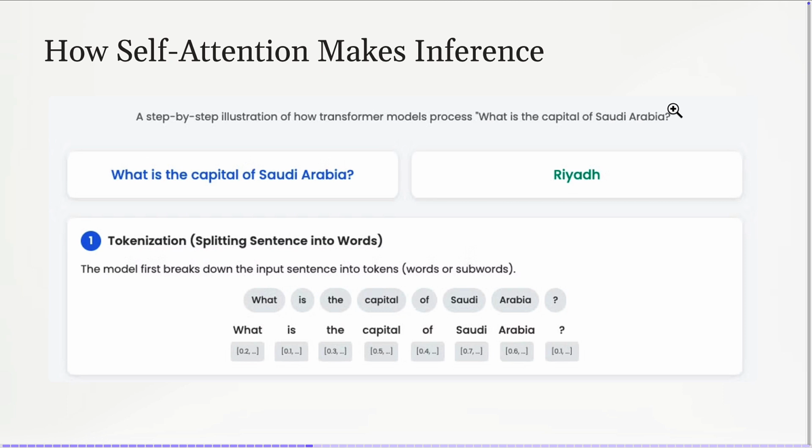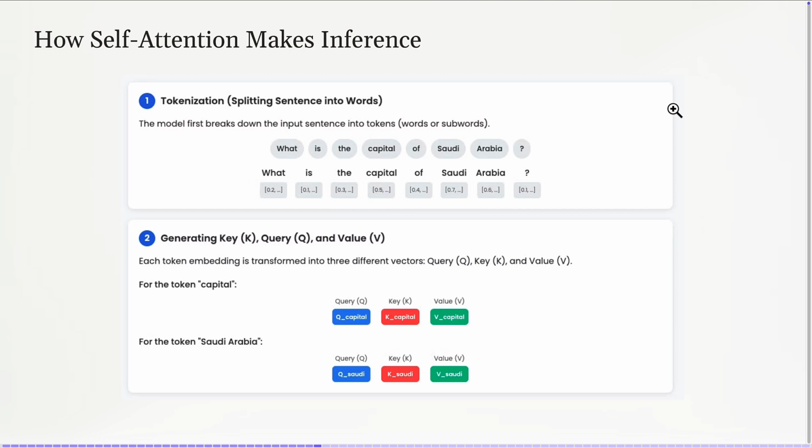In order to do that, starting from a sentence like this, we're going to first of all do the tokenization like we did before, because at the end you will do relevance over tokens, not over words. And we will do the embedding of these tokens. This is the second step, having this embedding of tokens. We will generate the key, the query, and the value for each of these different tokens.